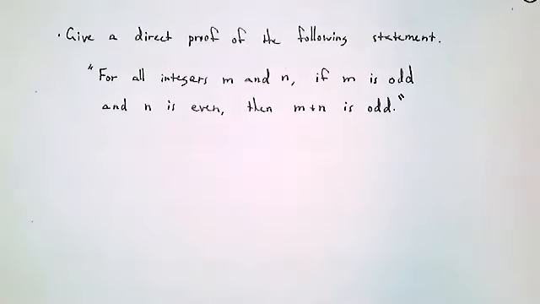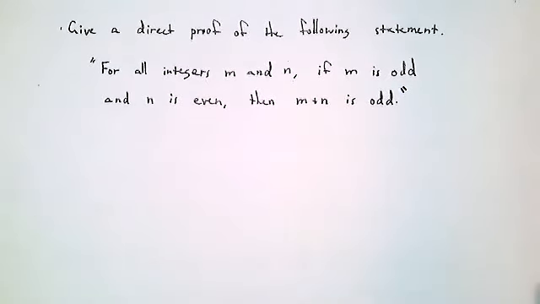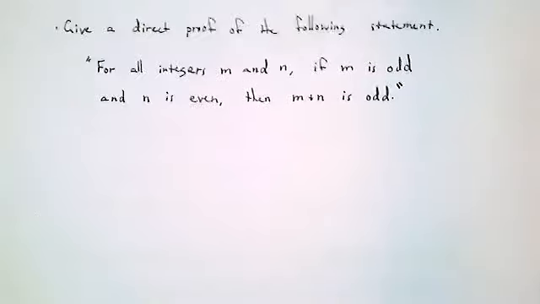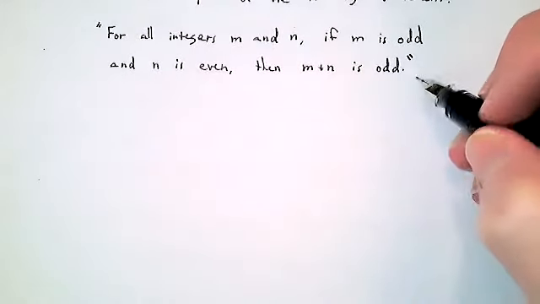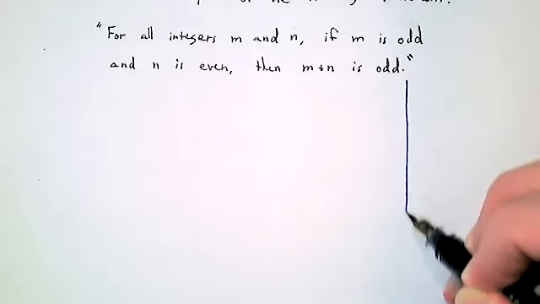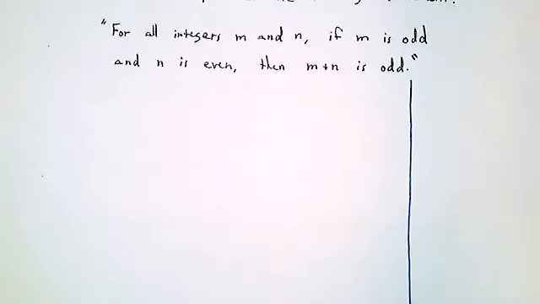Okay, so this is our first proof, and that means I need to give quite a bit of explanation along the way. I'm going to divide my paper into 2 columns so that we can have some comments. I'll put the proof over here and my comments over here on the right.